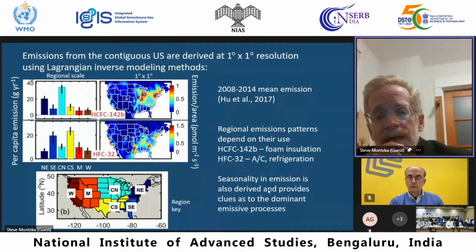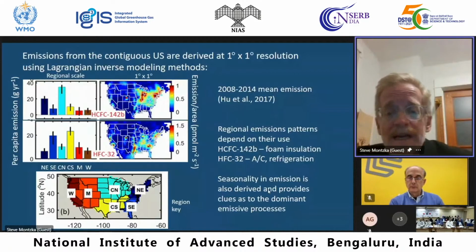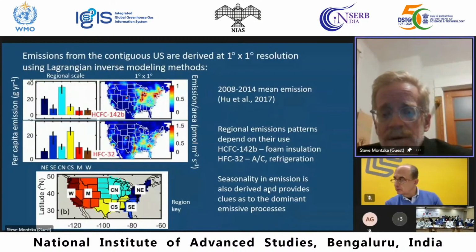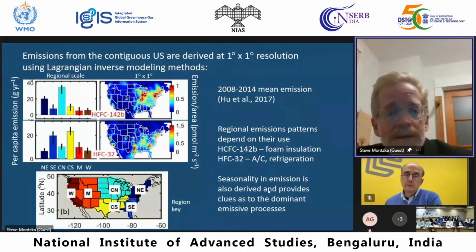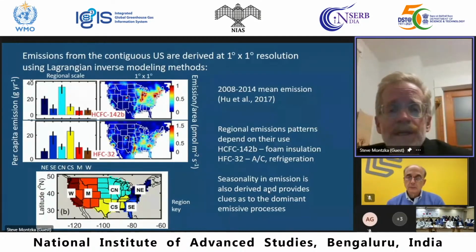And so we've had very fruitful discussions and learned a lot about processes involved in emissions of these gases through the combination and collaboration of these communities.